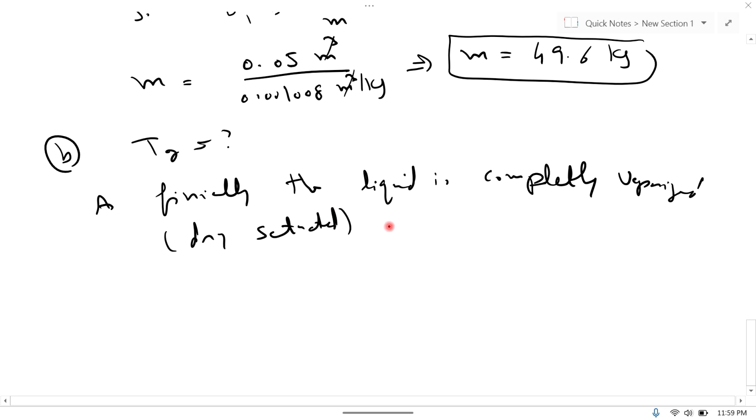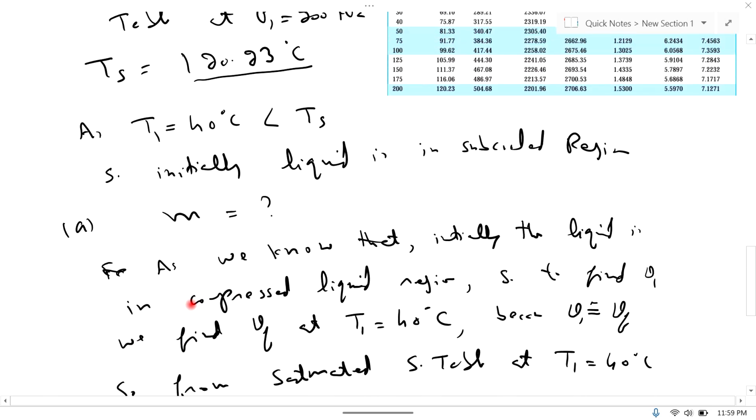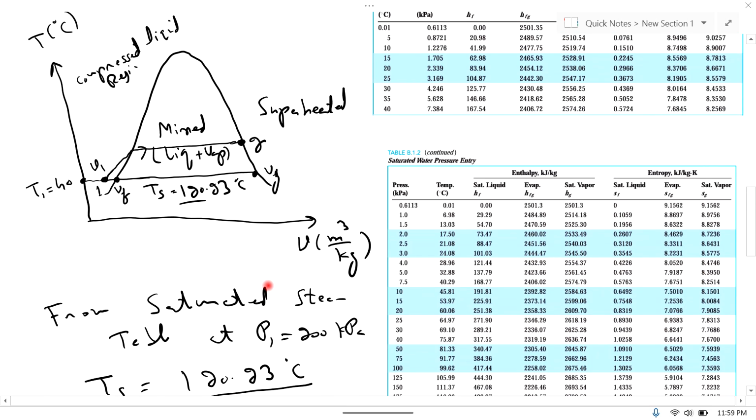So temperature T2 is the saturation temperature at pressure P2 equal to 200 kilopascal. Saturation means from this point to this point temperature is constant, and here is point 2, so temperature T2 is here. This is T2, and from this point to this point temperature is constant, which is Ts.